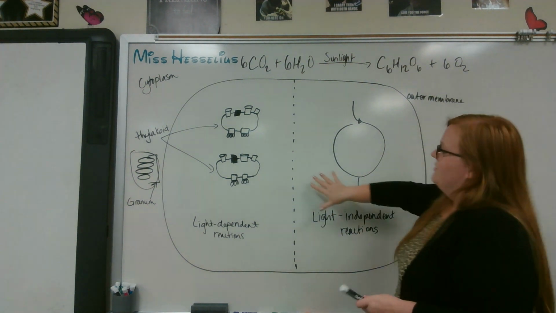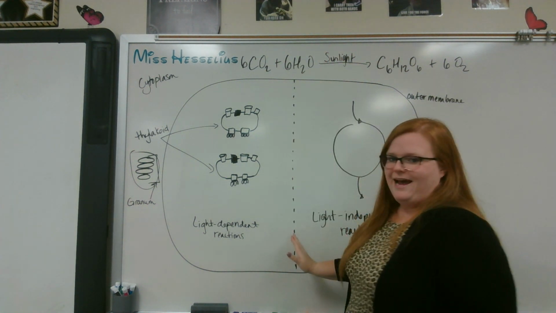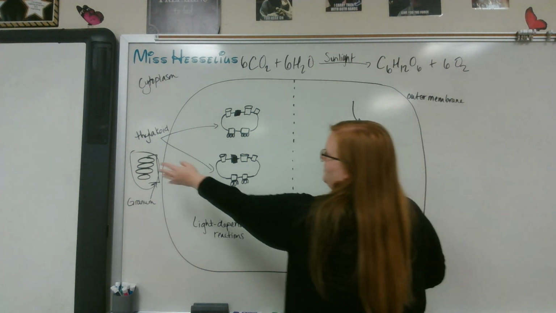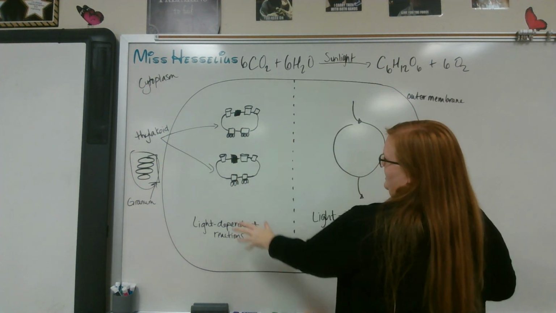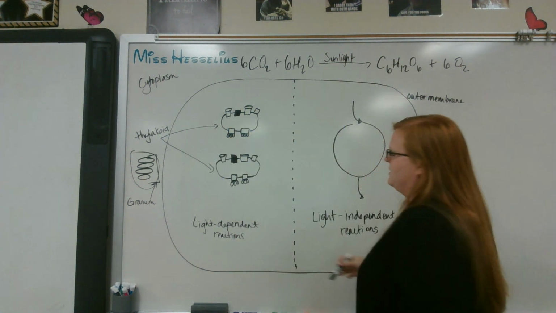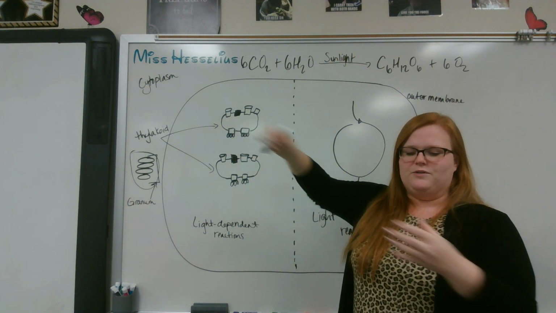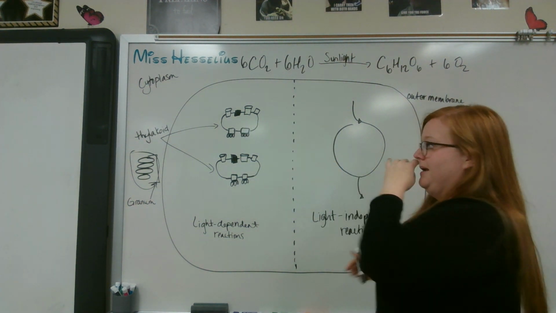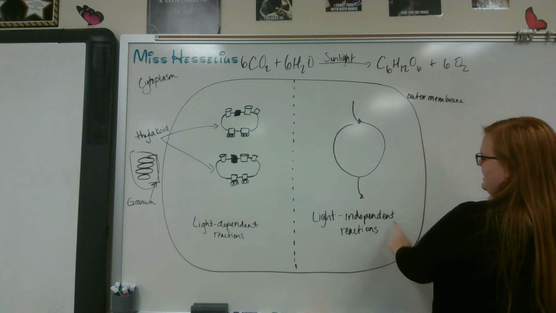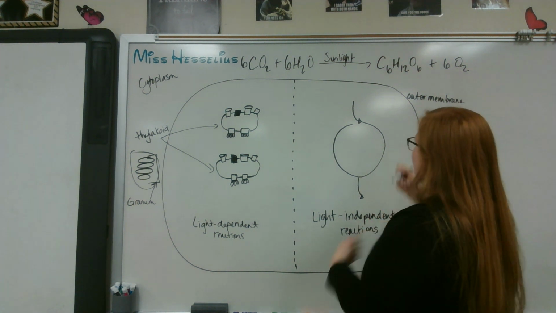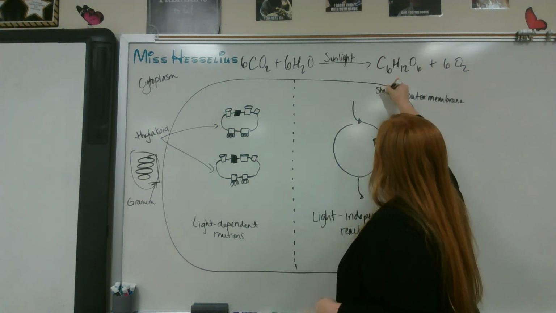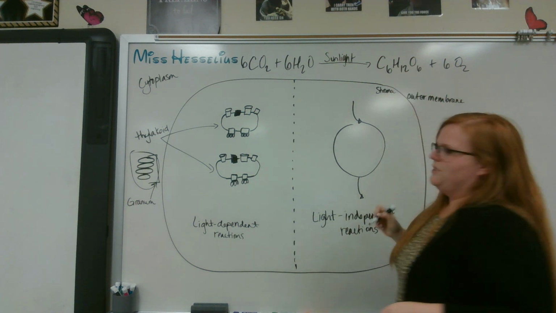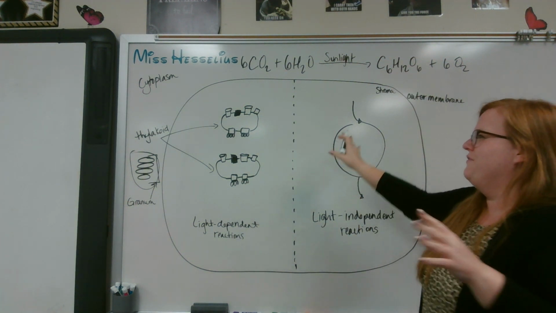Okay, now, a chloroplast isn't divided in half. There's granum all over the place, and the light-dependent reactions happen inside the thylakoids, or the stacks of thylakoids called granum. The light-independent reactions happen in what's called the stroma, which is just like the cytoplasm of the chloroplast.